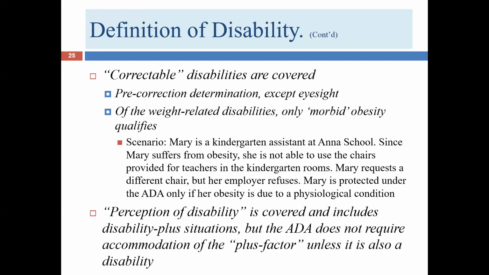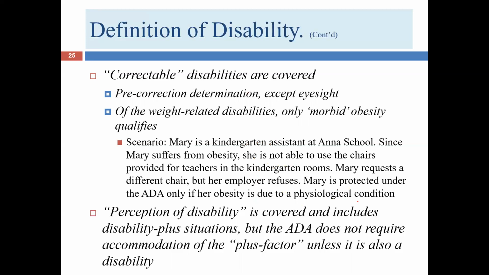So Mary is a kindergarten teacher. She suffers from obesity, and she's not able to safely use the chairs that are provided in the kindergarten classrooms where she works. Mary requests a different chair, but her employer refuses. Mary is going to be protected, but only if her disability is due to a physiological condition.